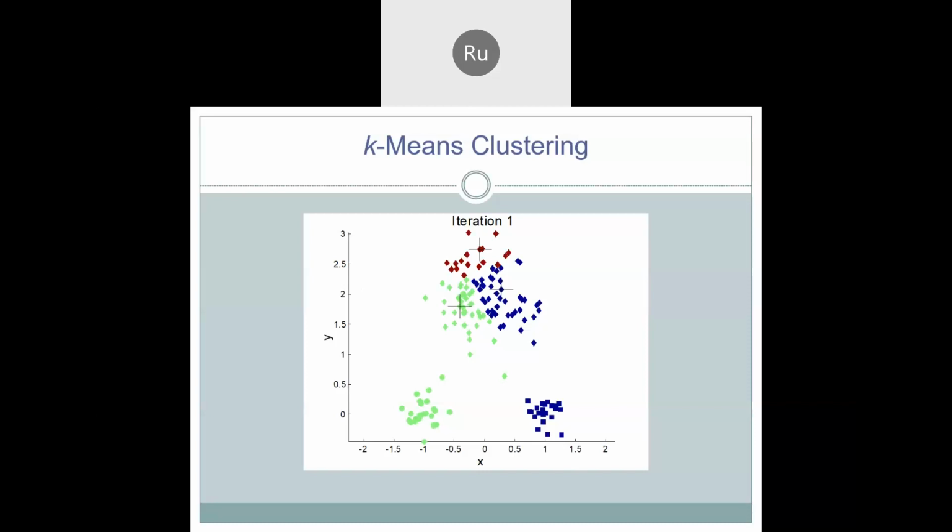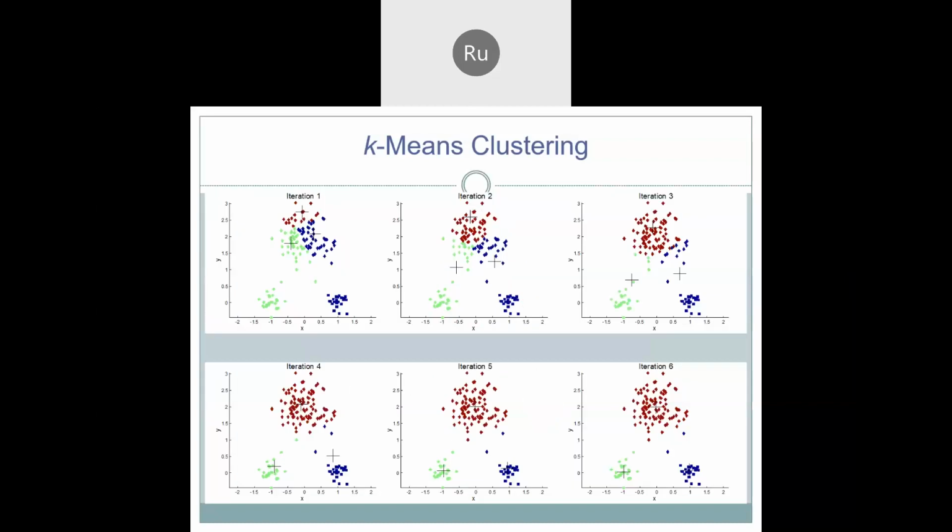The new center will move depending on the average value of all the members that we have. So it will move. We only stop when there are no changes of membership. So from iteration 1 to iteration 6.